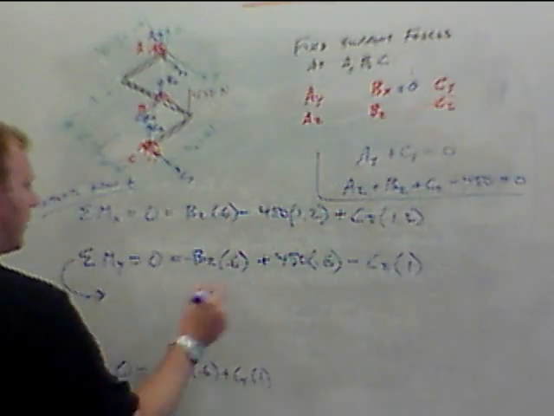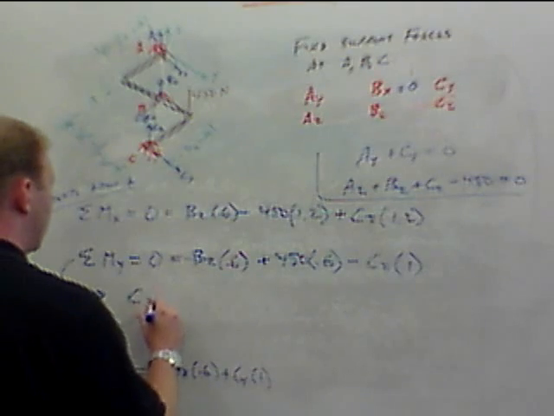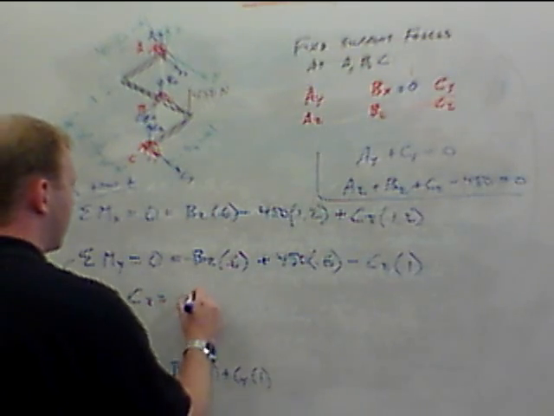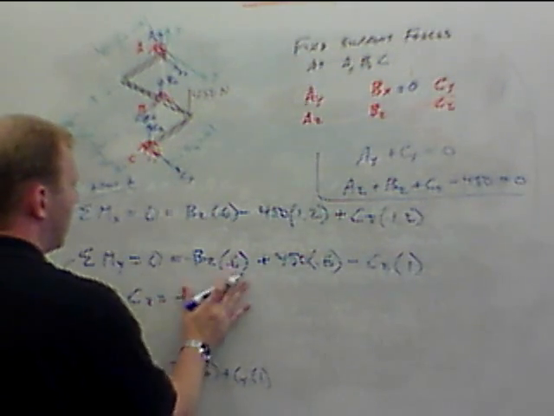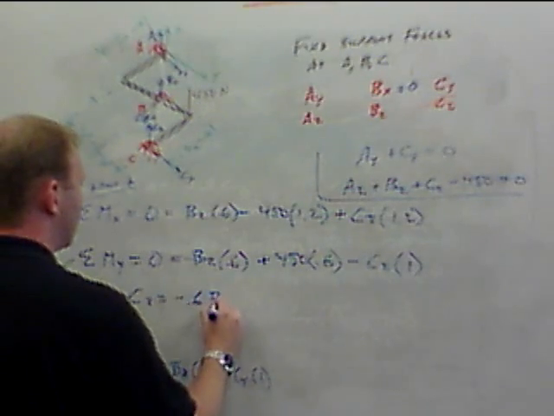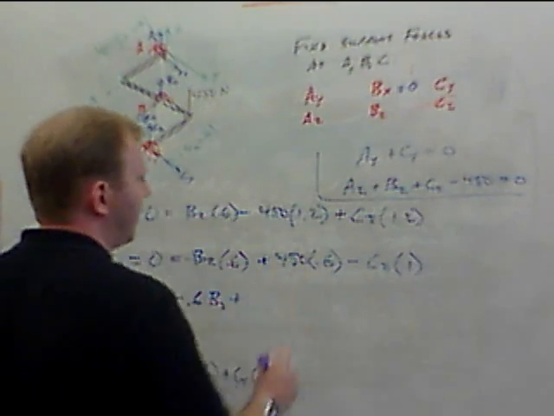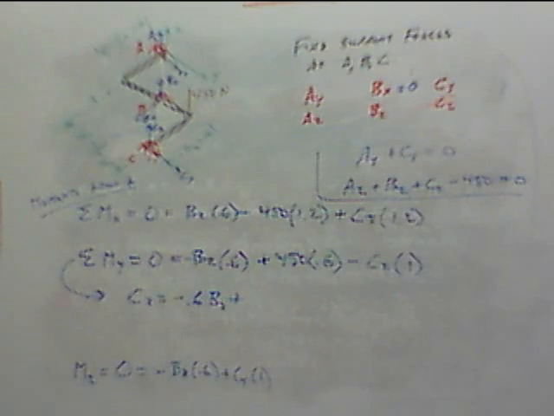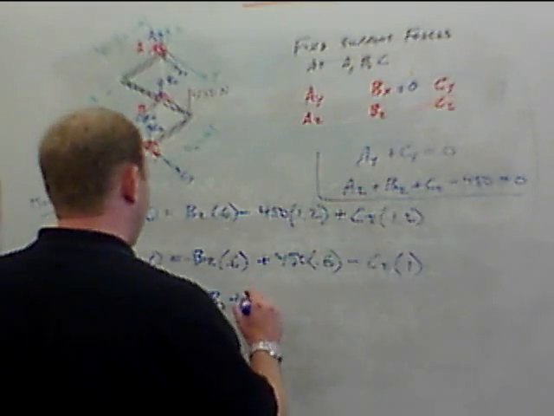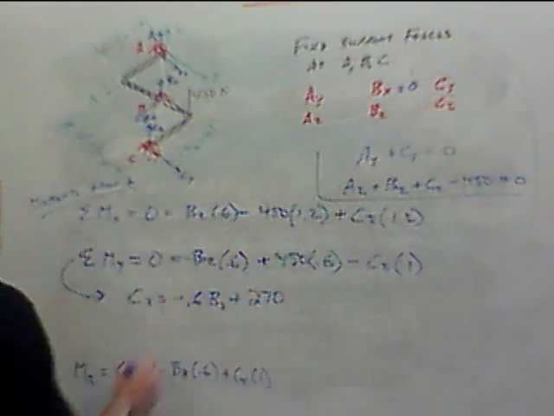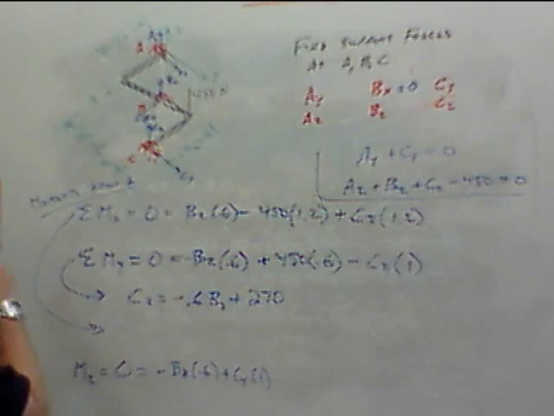I'll rewrite this one as Cz is equal to minus 0.6 Bz plus 450 times 0.6, which is 270. That gets substituted in here.